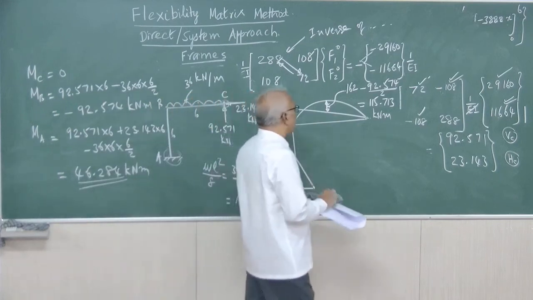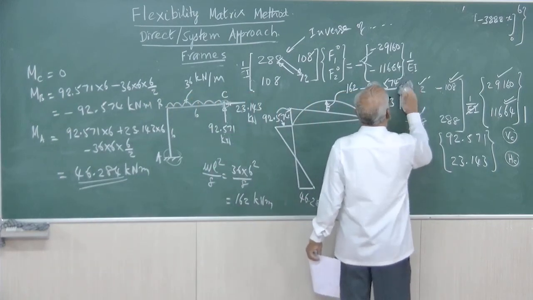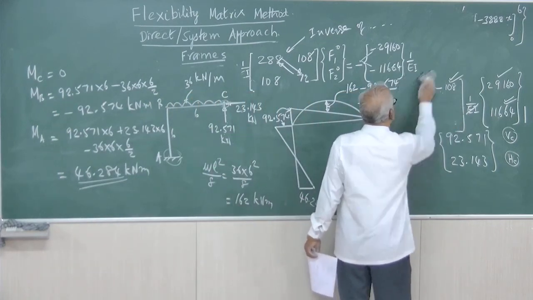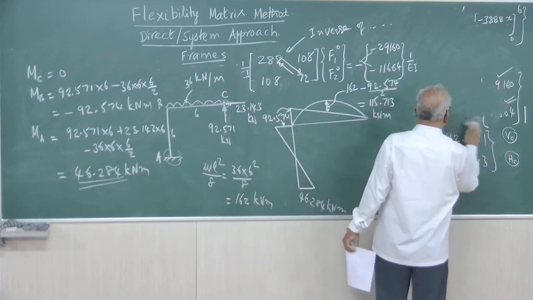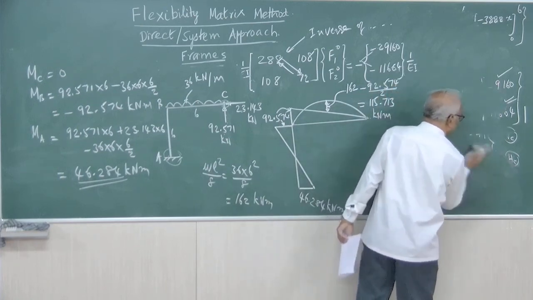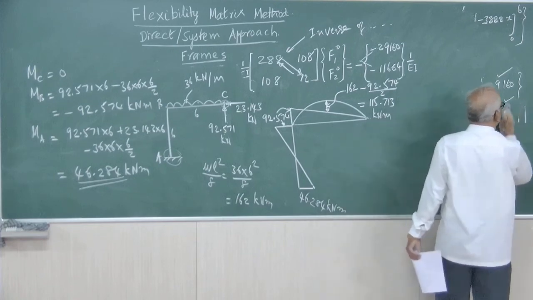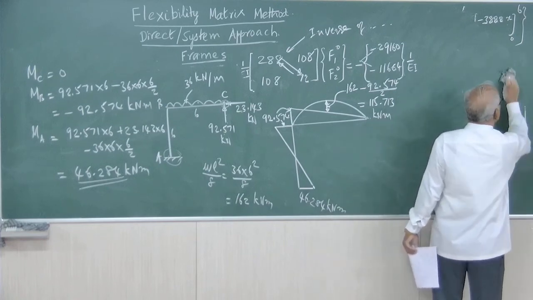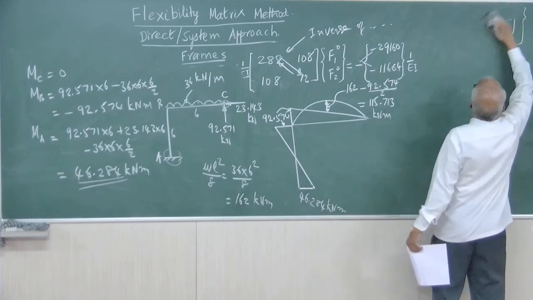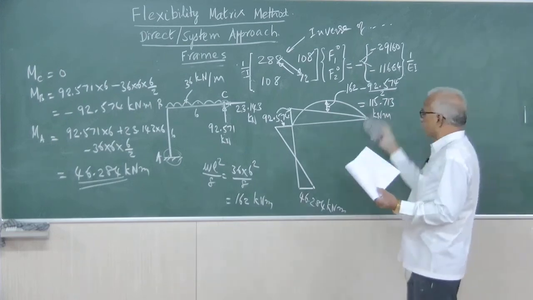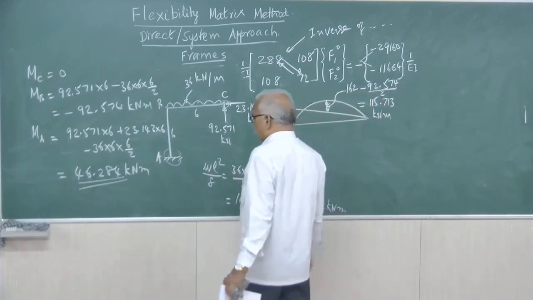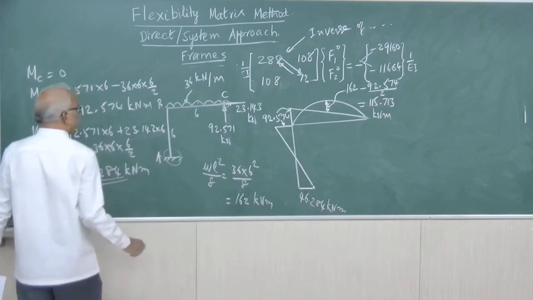So this is one way of doing the calculation. This is our usual plotting of the bending moment diagram. Also, we can find out the bending moment at the center.